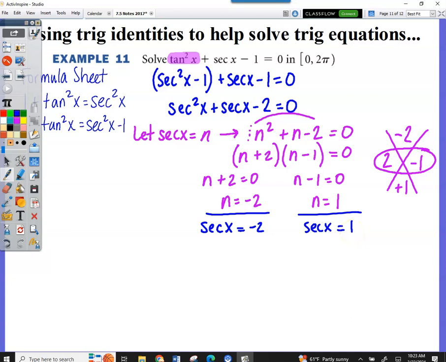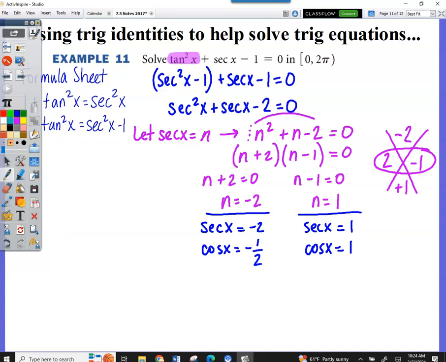Now remember what we said that secant is actually what? 1 over cosine. So I don't want to write this as 1 over cosine because then I don't have cosines where I need it. So if I don't want to write this as my fraction, I have to write this one as the fraction. So cosine of x is -1/2. Make the fraction here. Remember that? And then that one ends up staying 1.